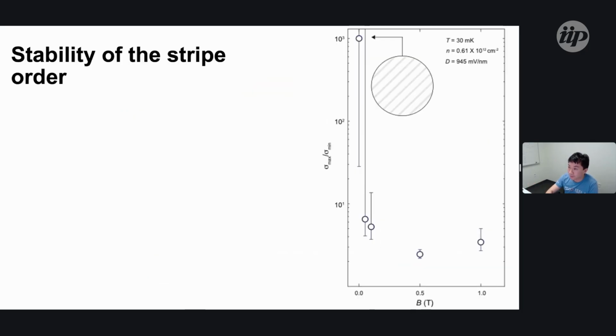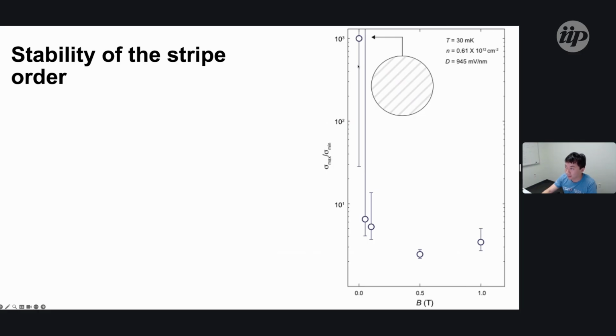Okay, there's something more we can say about the stripe. If it's a stripe, and we look at the transport anisotropy as a function of out-of-plane magnetic field, this extreme transport anisotropy gets suppressed really fast. At B equals 0, we have an anisotropy ratio of about 1,000.